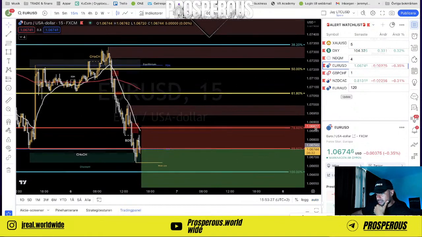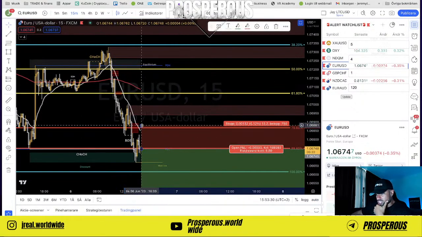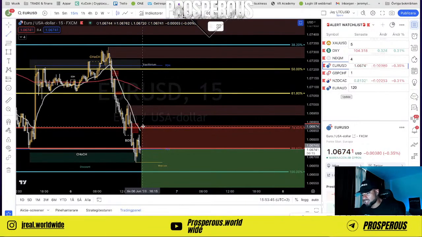But what I would say is enter with a small position, but put your stop loss here at 1.0688. So that's a very short stop loss and you're entering with a small lot. All right. Why is that?